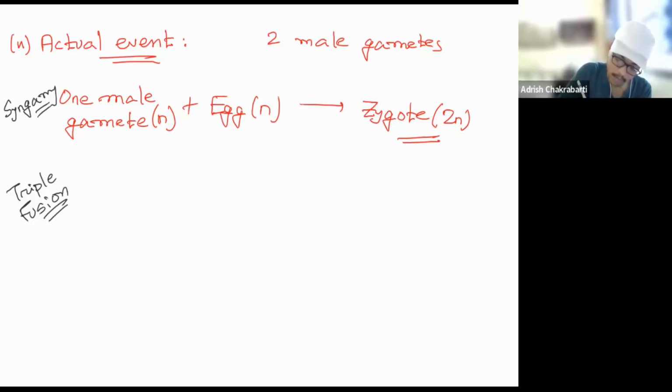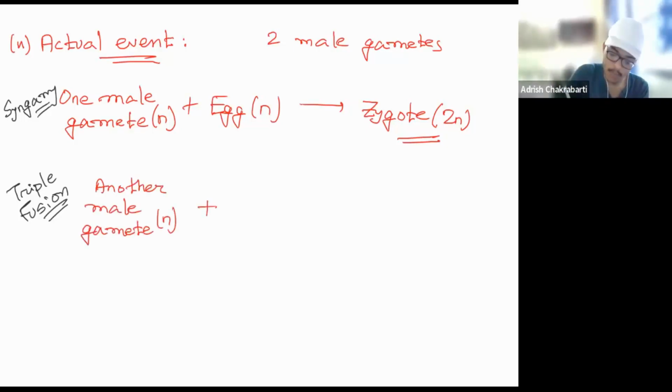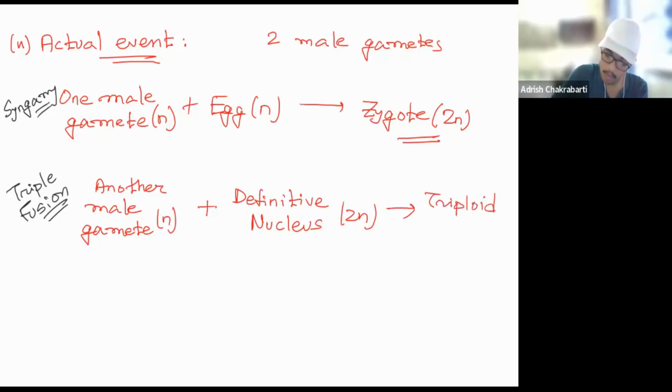We have another male gamete which fuses with the definitive nucleus, or you can say the secondary nucleus, the same thing, resulting in the formation of the triploid primary endosperm nucleus. That is 3N.